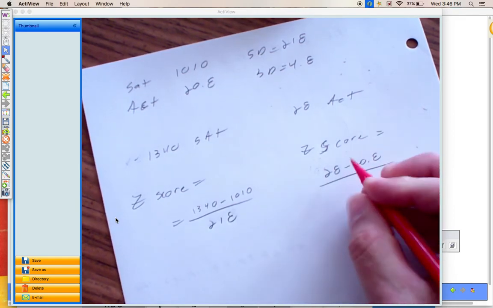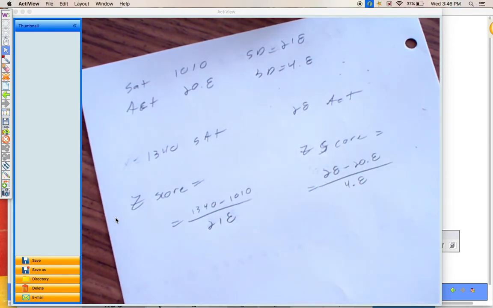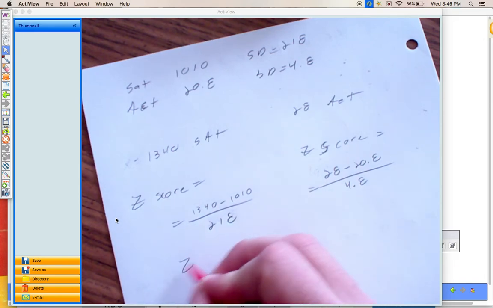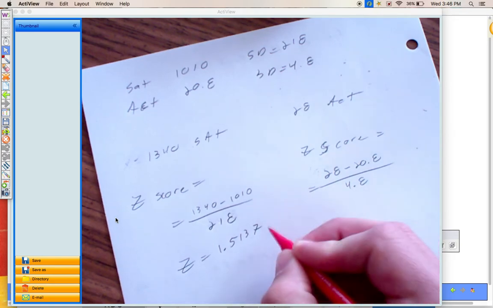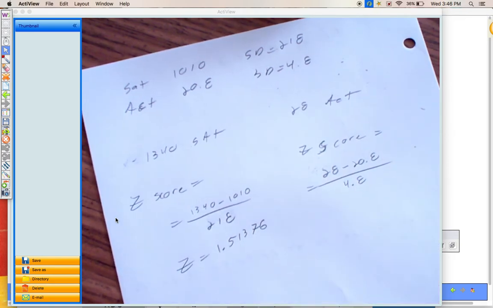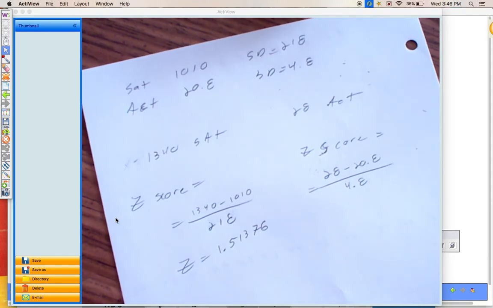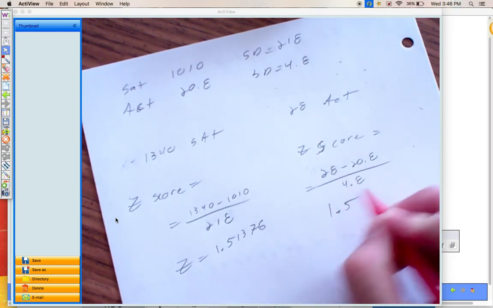So I'm going to calculate both of them at the same time. Doing my math, 1340 minus 1010 divided by 218. My z-score was 1.51376. Now my second one, 28 minus 20.8 divided by the standard deviation, and I got 1.5 even.